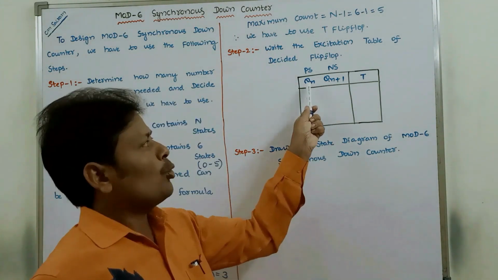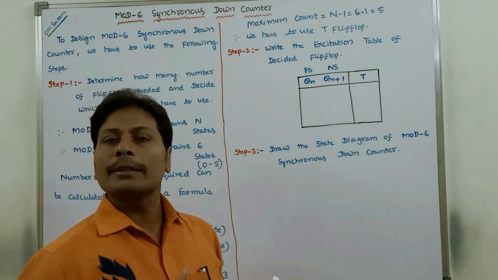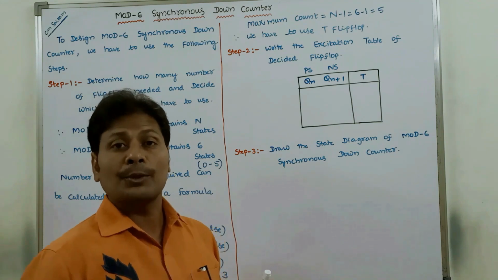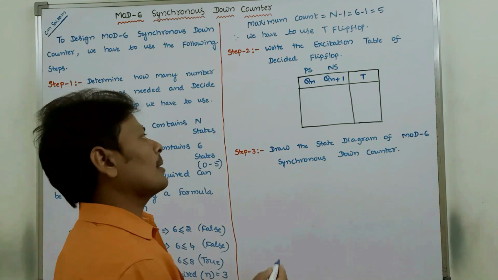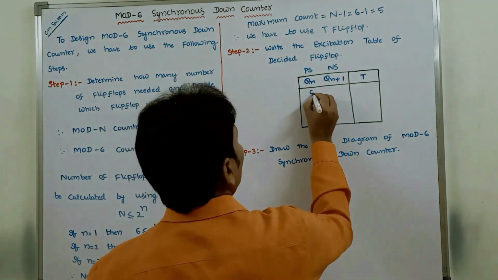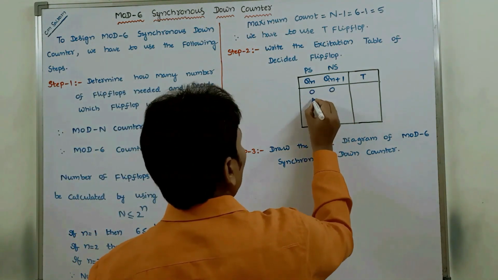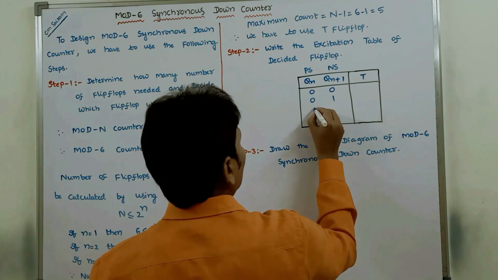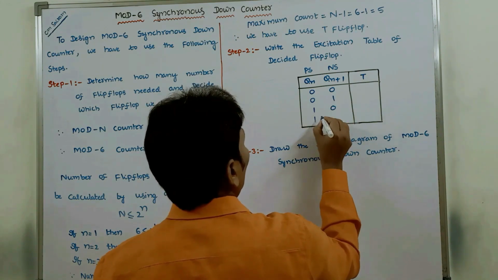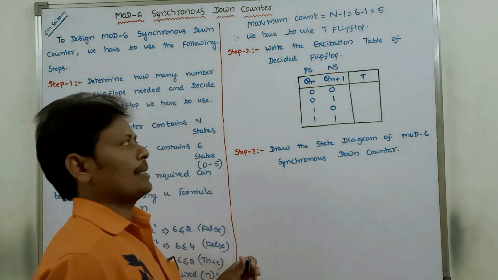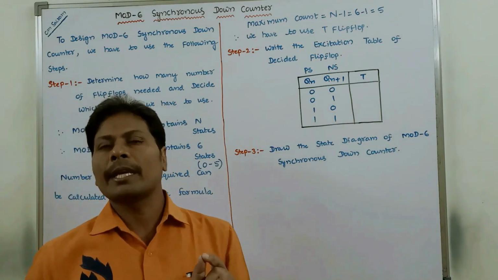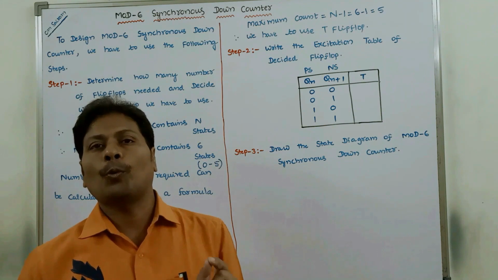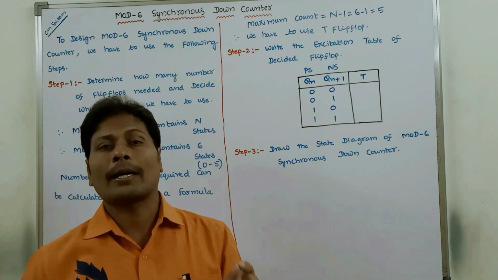How many inputs are there? 2 inputs are there. With the 2 inputs, how many possible combinations are there? 4 possible combinations, that are 0 0, 0 1, 1 0, 1 1. Next, how to write the T value? T value is equal to 0 when both inputs are same.